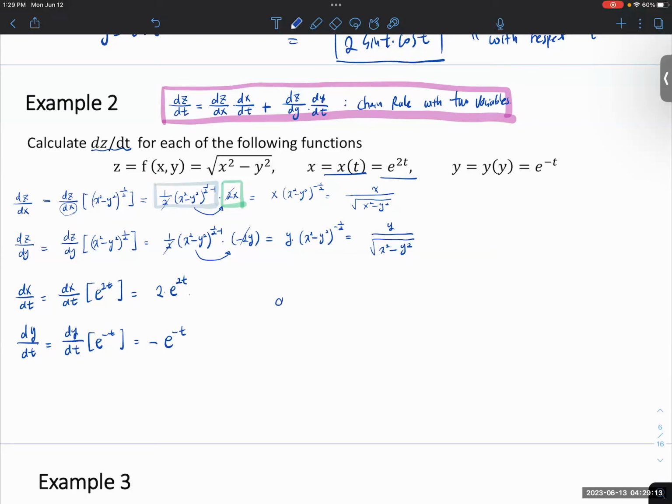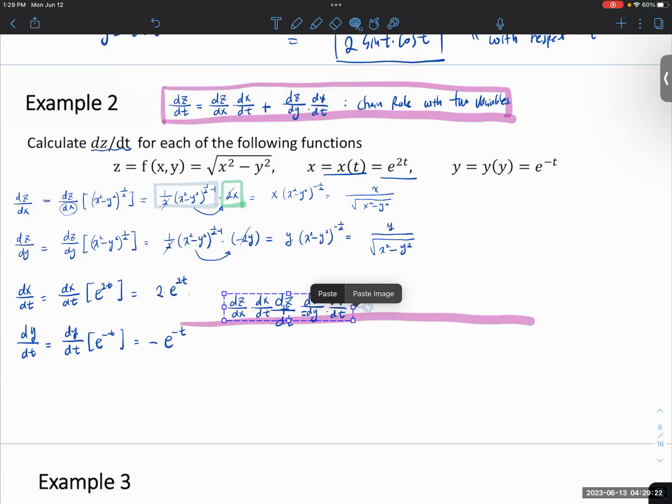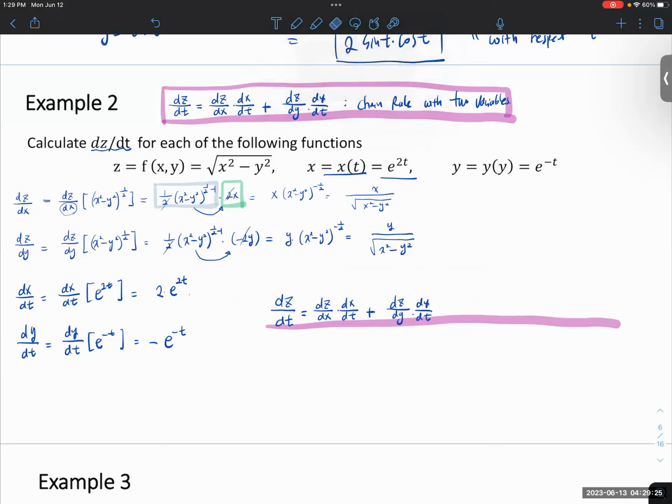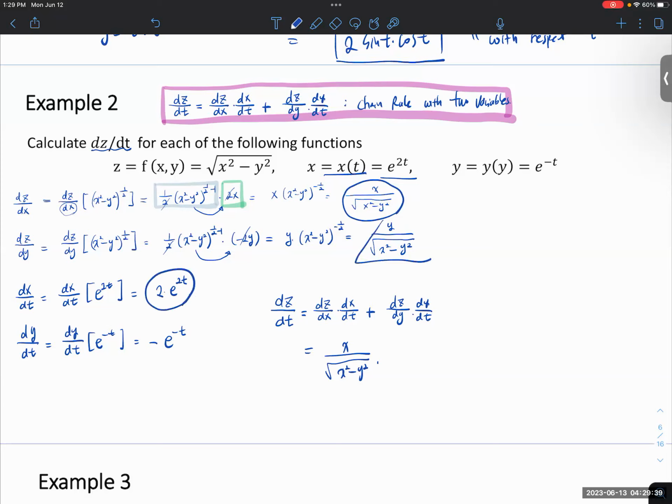So finally, dz over dt. You have this guy, we have that guy. I'm going to get rid of the pink line. So we have x over radical x squared minus y squared. This is the x branch, times 2 e to the 2t, and this is the y branch, correct? Plus y over radical x squared minus y squared times negative e to the negative t.